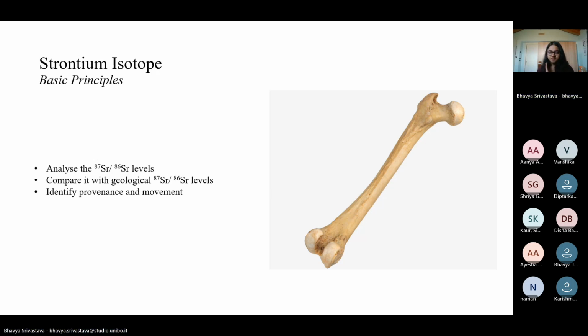Just remember this: in the case of India, the strontium levels will be different for northern India and southern India. The 87-86 ratio will be different. If I have lived my entire life in northern India, then the 87-86 ratio in my bones will be different from the naturally occurring 87-86 ratio of rocks in, let's say, the Deccan region.